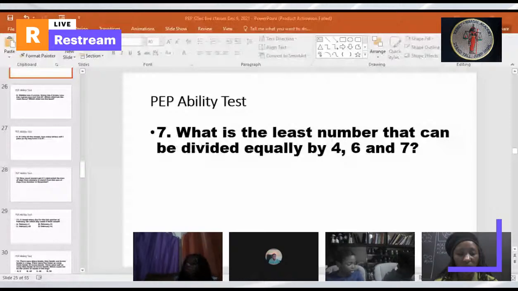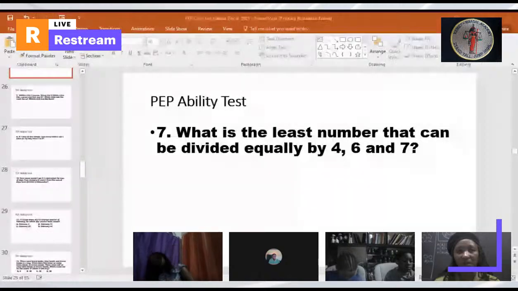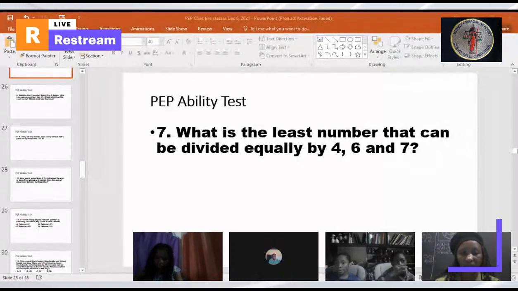But there's a table that you use, the factorization table. I'm going to show it to you when we are doing the topic by topic, not in this ability test class.